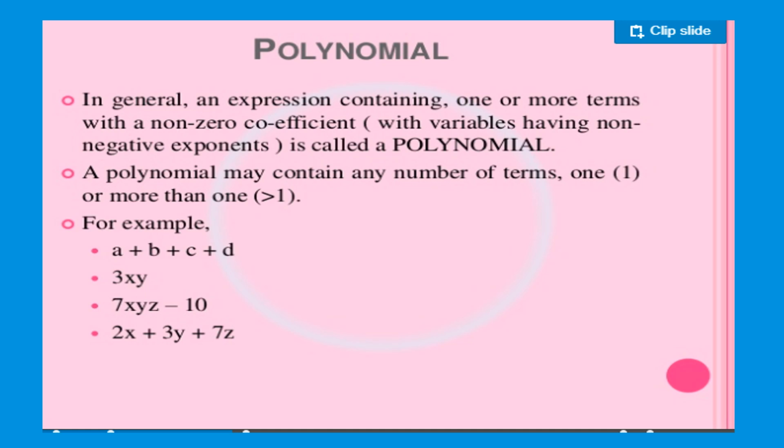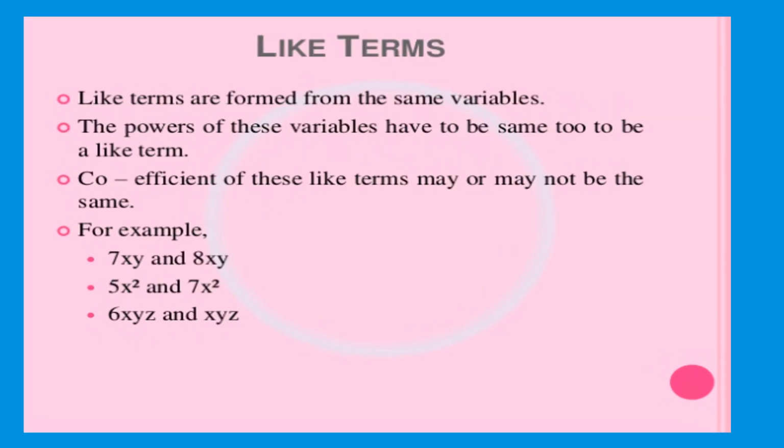A polynomial may contain any number of terms: one term, two terms, three terms, four terms. Such an expression is called a polynomial. So you now know what constant, variable, terms, monomial, binomial, trinomial and polynomial are.